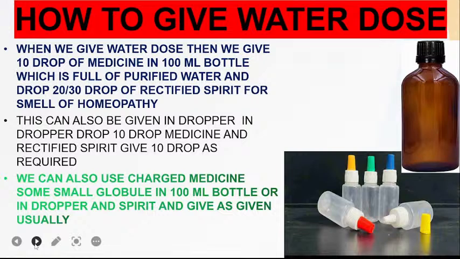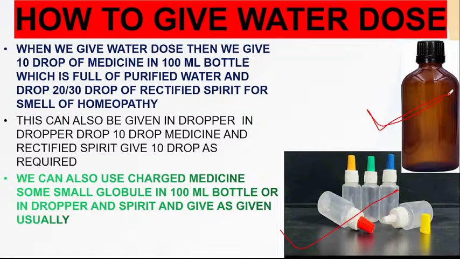Now for preparation of the water dose, there can be two methods. It can be given either in the dropper method or in the glass bottle method. Now the glass bottle quantity can be either 30 ml or 100 ml, but mostly the 100 ml bottle is the most preferable quantity. Most clinically preferable quantity is the 100 ml bottle.